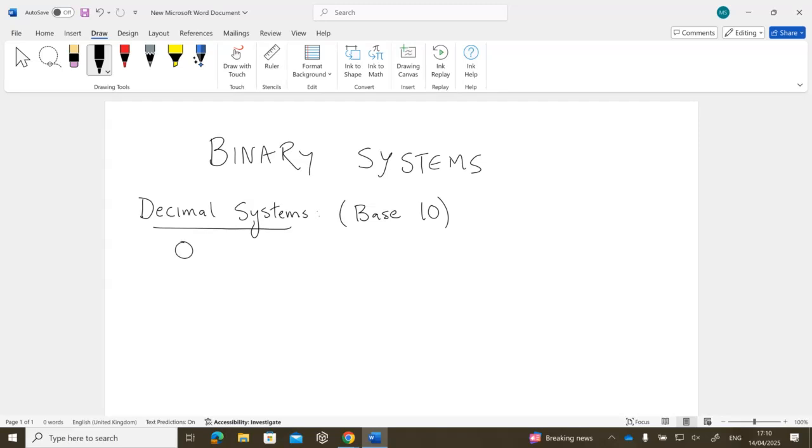It means you basically have 10 digits to make your number system. And we humans use the decimal system. So the thing is, you have these 10 digits and you have to build your entire number system.